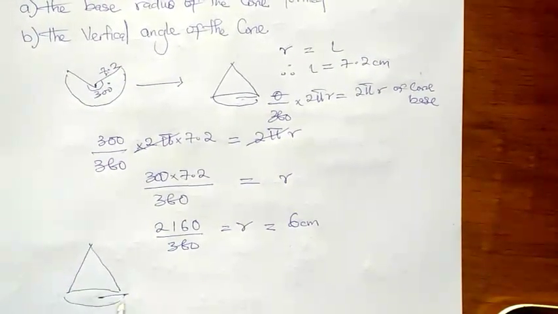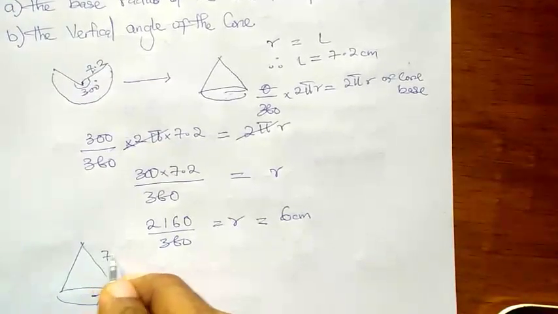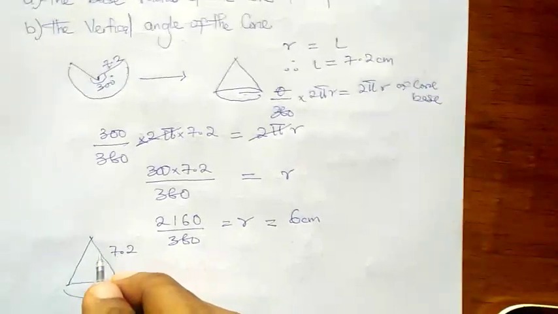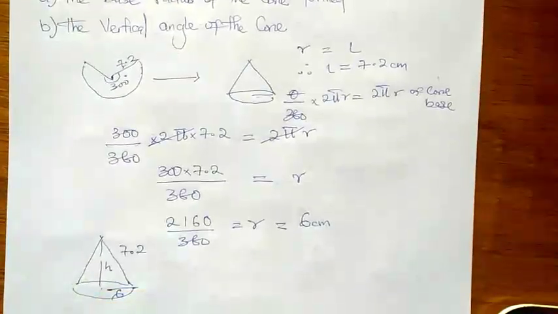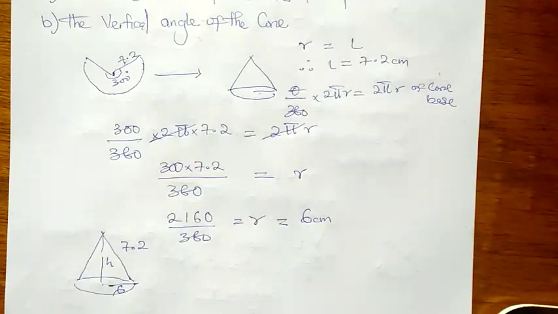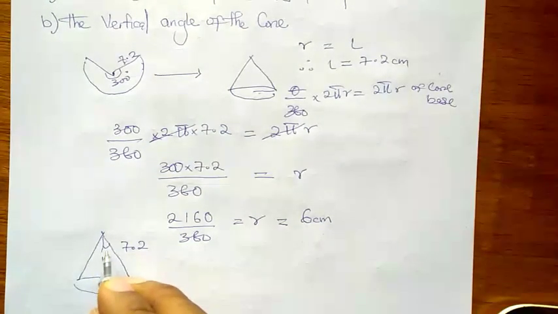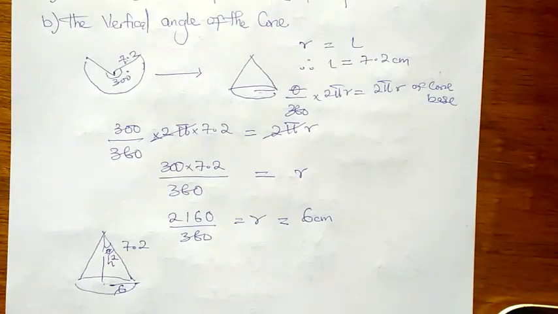The next is for us to find the vertical angle of the cone. Remember, since we know the slant length and the radius, we can find half of the vertical angle of the cone, using our trig functions, where sine of an angle is equal to opposite over hypotenuse.